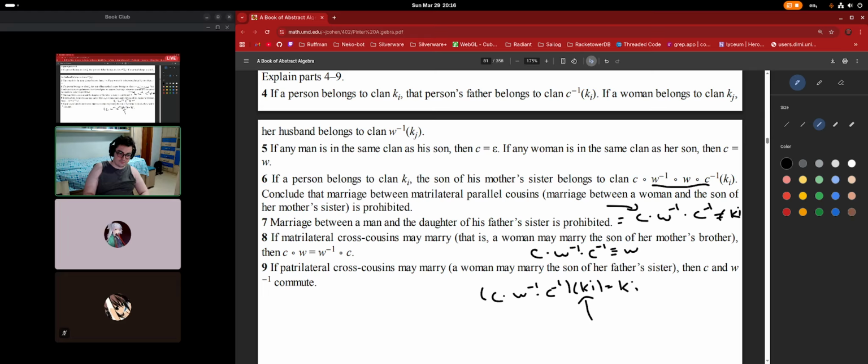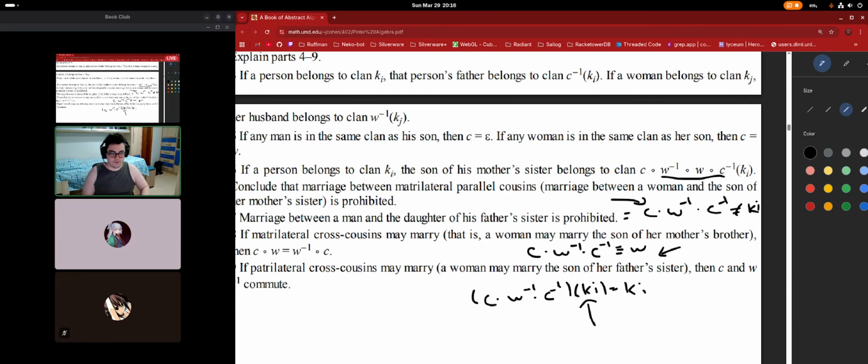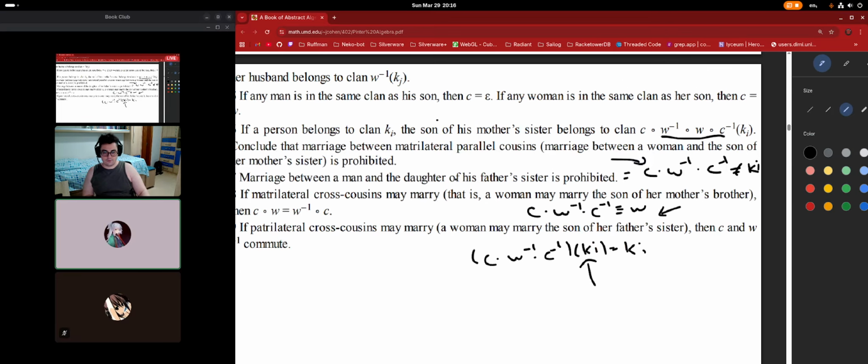Even if you don't, you could remove the application and say, okay, you are trying to argue that C after inverse of W after inverse of C equals epsilon. Yeah, that is also a point. But that's too specific.